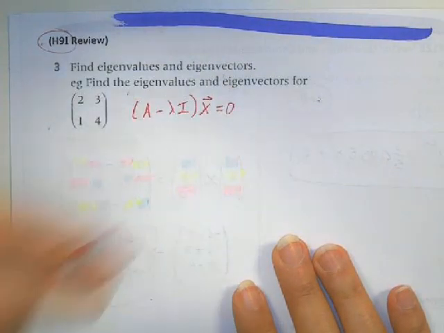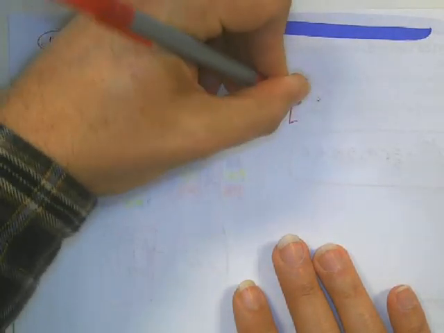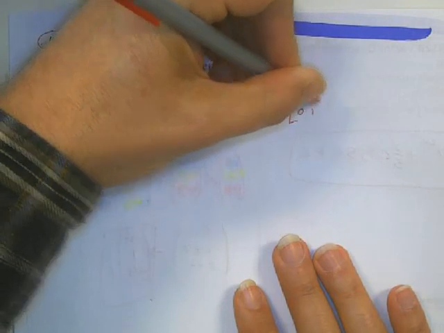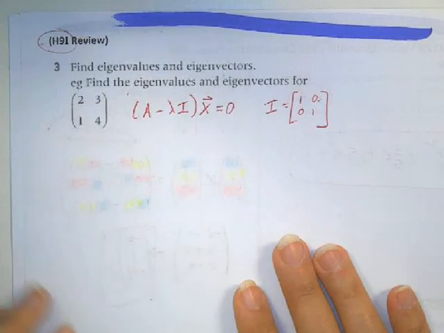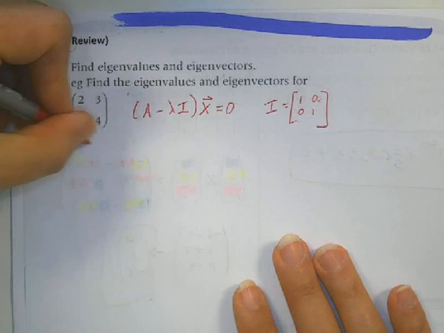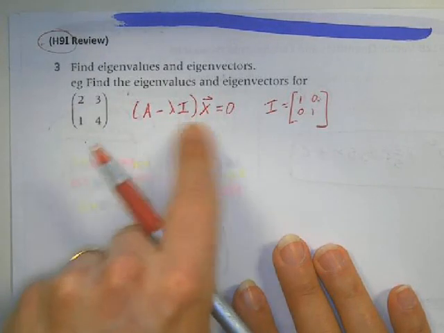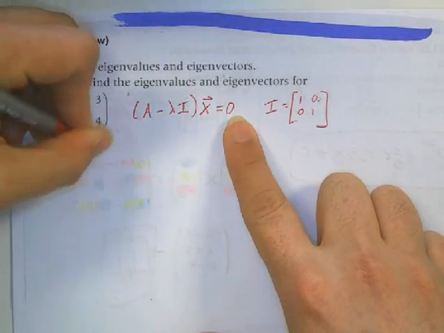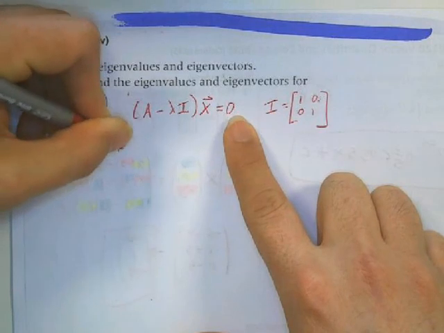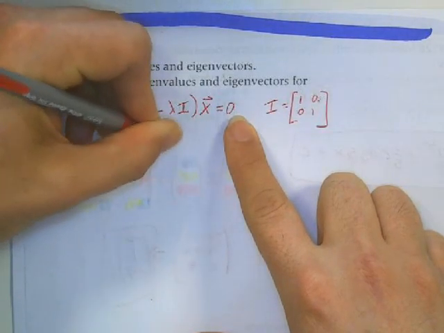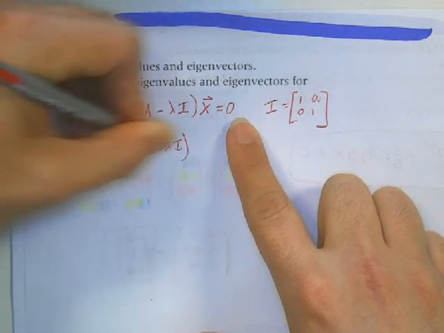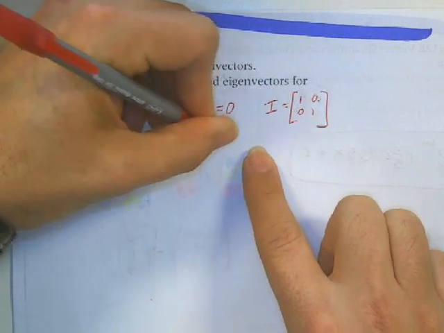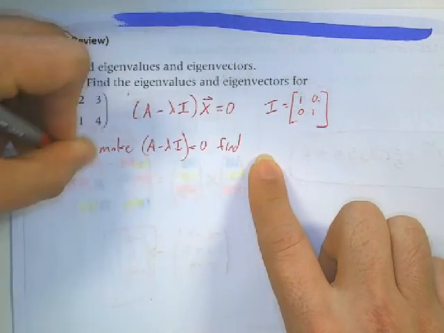Remember that I is our identity matrix, 1, 0, 0, 1. We're trying to find what's going to make this equal to 0, so to make A minus lambda I equal to 0, we need to find the determinant.